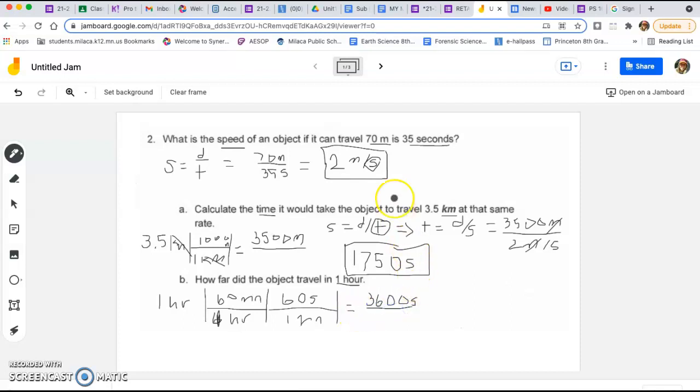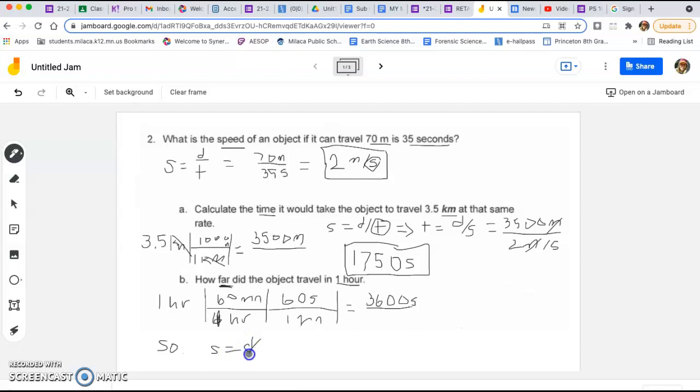Now we have seconds and seconds. And we want to know how far. So we're looking for the distance. Far is a distance. Well, we know that speed is equal to distance over time.